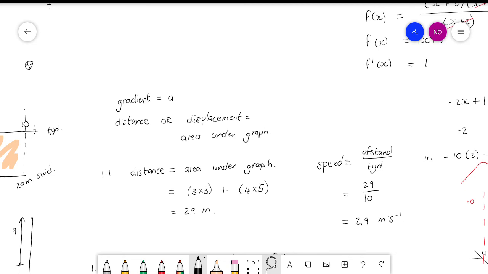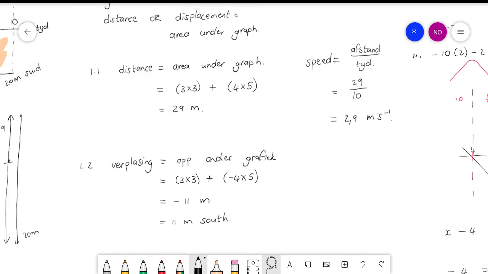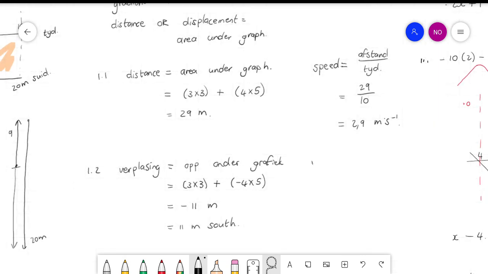But in 1.2, if I ask you for the velocity, stem julle saam, dis amper dieselfde vergelyking, maar in plaas van afstand gaan ek nou insit verplasing. Because now I need to work with a vector.